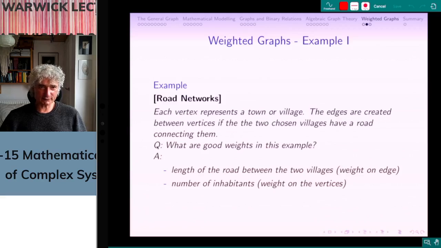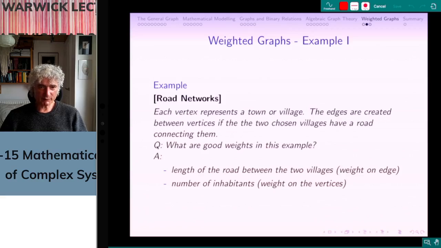Well, first of all, let's look at how the road network is constructed. The vertices here represent, let's say, villages and towns, and an edge is drawn if there is a road connecting the two. Now, what would be good weights for villages, towns, and roads?